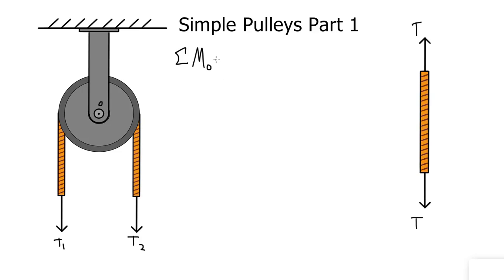In the end, the distance from O to the rope is going to be R, the radius of the pulley, same thing right here.